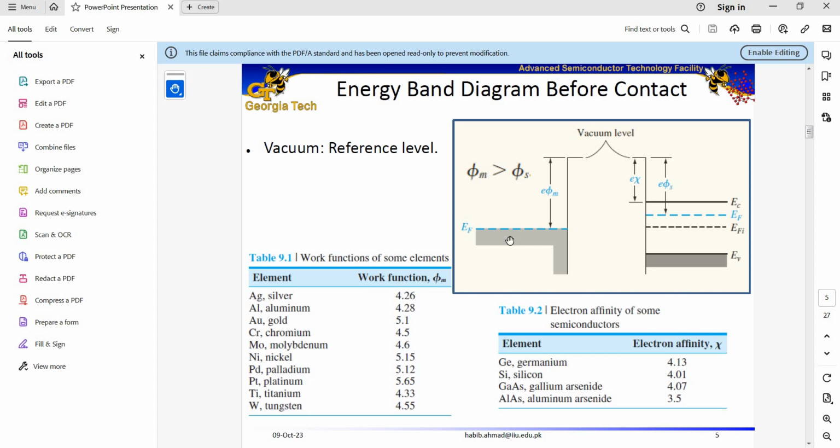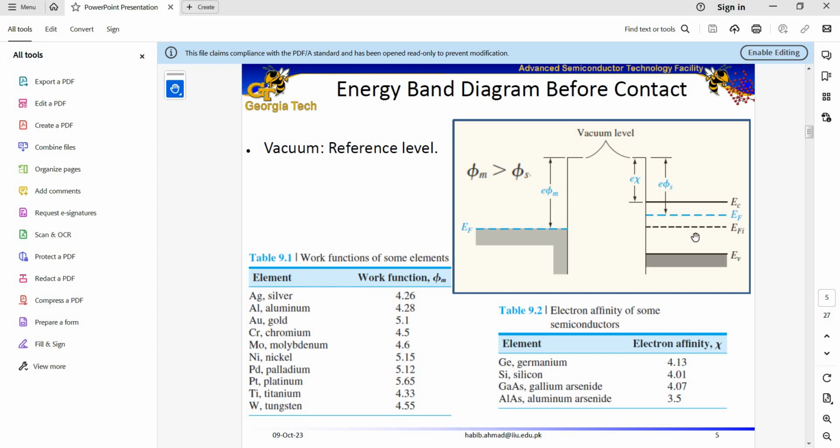So assume we have a metal on the left side and the semiconductor on the right side, and here is the energy band diagram of the two independently when they are not connected together. In the previous lecture we talked in detail that for an N-type semiconductor, in order to form a Schottky junction, our metal work function needs to be greater than the semiconductor work function.